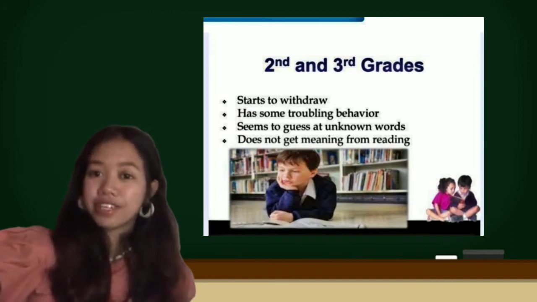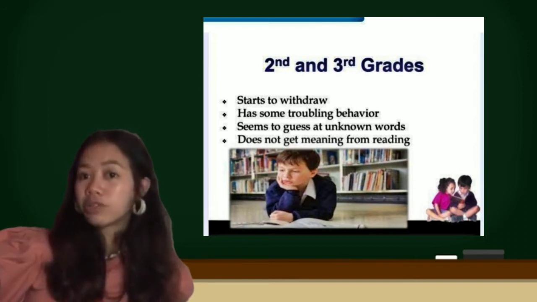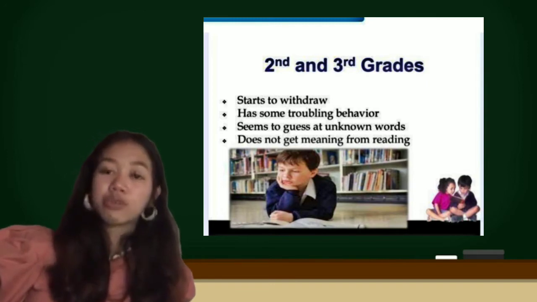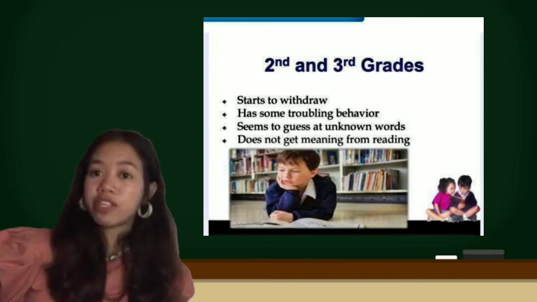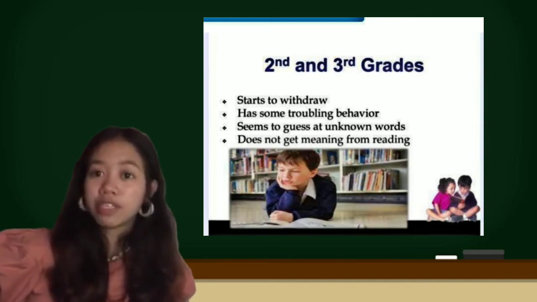Second and third grade. So the first one is starts to withdraw. So the child will start to withdraw, and they tend to lose their attention when they are reading books. And the second one is has some troubling behavior. So if the child has some troubling behavior, they might act out in class when they are very frustrated with the books that they are reading.